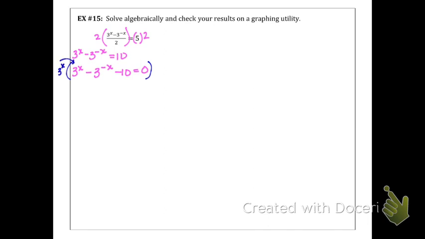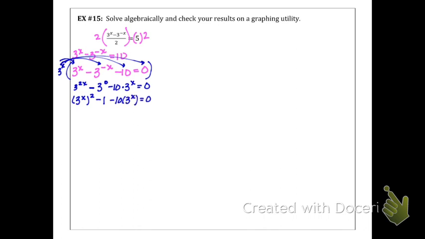And so this is going to give me 3 to the 2x minus, this is going to give me 3 to the 0, because remember when you multiply, you add the exponents. And then this is going to be minus 10 times 3 to the x equals 0.